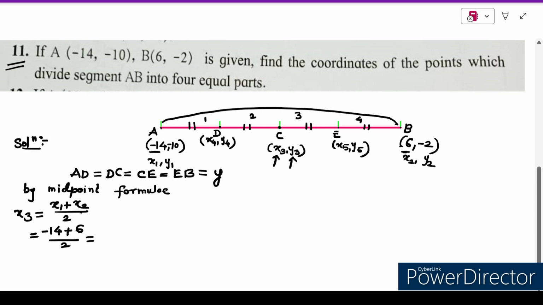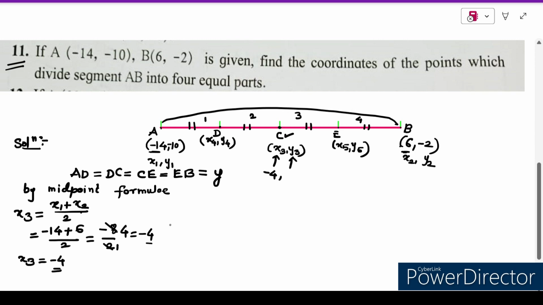That is -14 plus 6, that is -8, divided by 2, which equals -4. We get x3 equals -4, which is the x coordinate of point C.